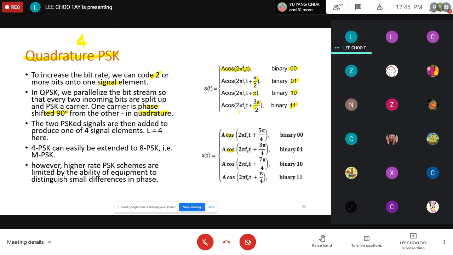So in this case, we use 4 different phase angles, each carrying 2 bits of information. In this manner, we can increase our bit rate. Instead of one cosine signal carrying 1 bit, now we use one cosine signal to carry 2 bits.